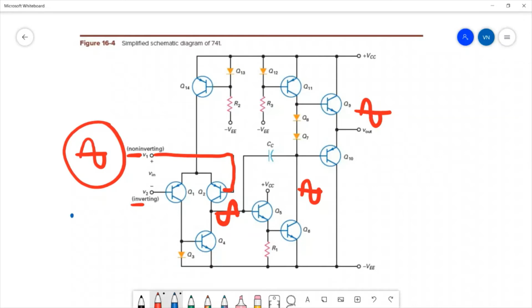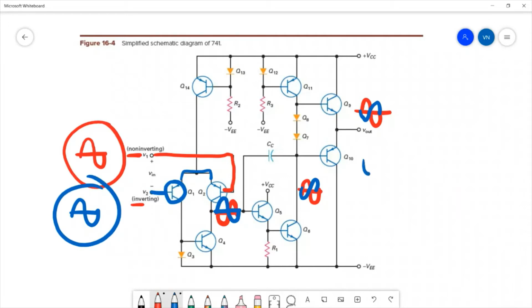However, if we put a signal on the inverting input, that goes into the base of this transistor, and if you recall, that is a common base connection, that will appear in phase with the original signal at this point. That will be out of phase at this point, and then out of phase coming out of the final output. So if you put this signal in here, it comes out out of phase on the final output. So that is the inverting input.